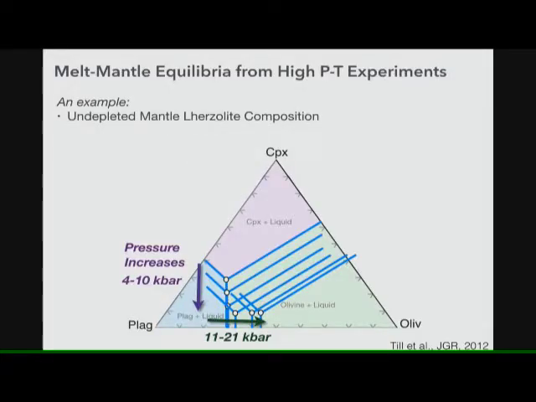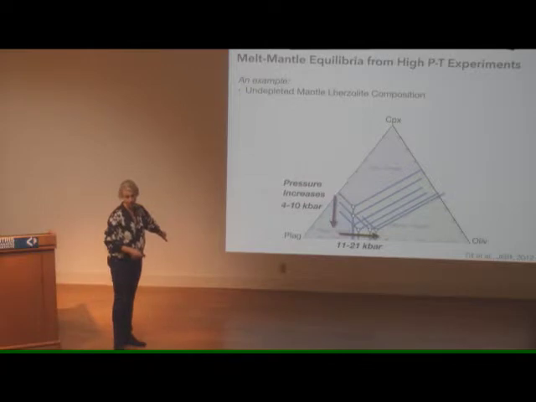Just a really simple and quick question. You don't depend on composition at all, other than you just need all the minerals present? Well, in this it does not matter. There are ways in which the bulk composition matters, and I have some figures to show that in a few minutes. But in this example, I'm using a fixed bulk composition, so I'm not varying it at all.